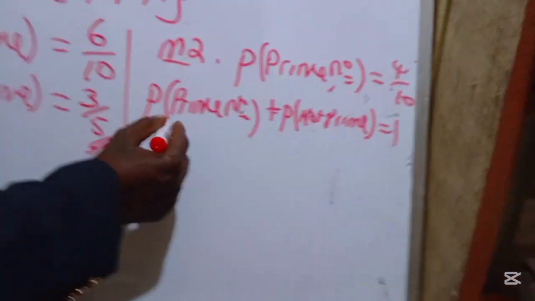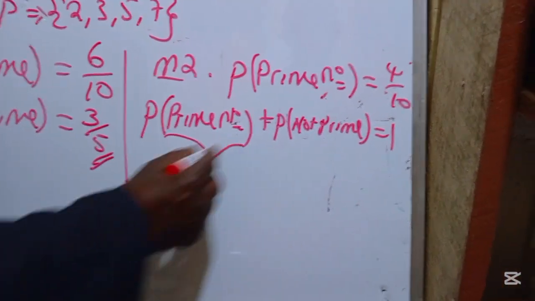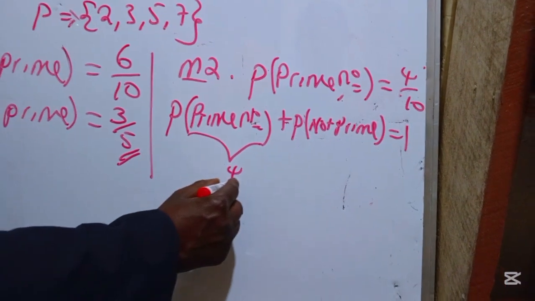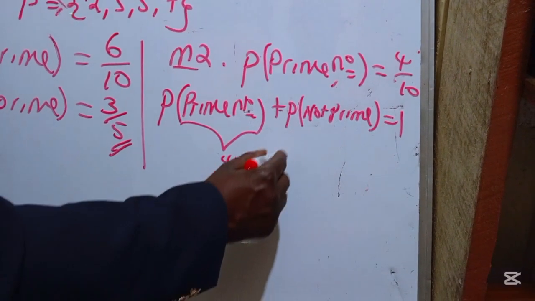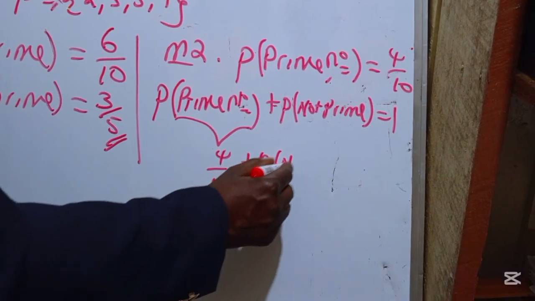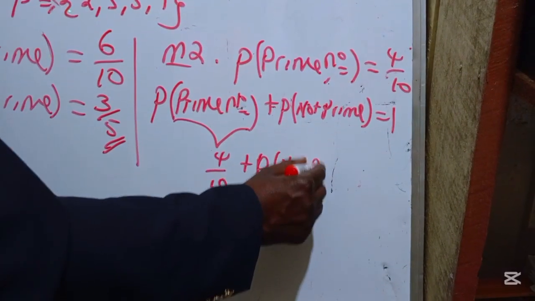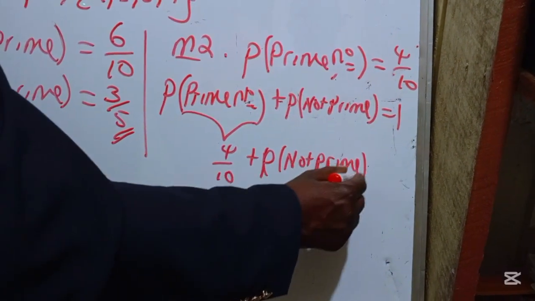So I've got the probability of getting a prime number as 4 out of 10, plus the probability of not prime is equal to 1.